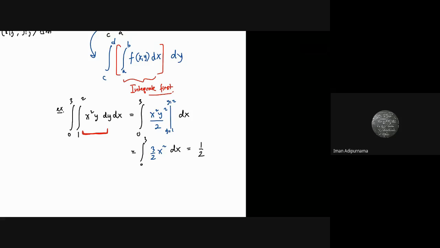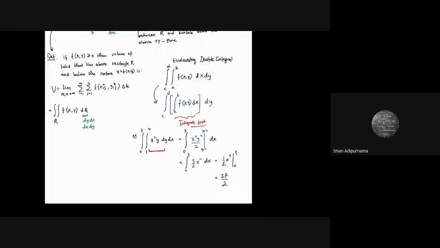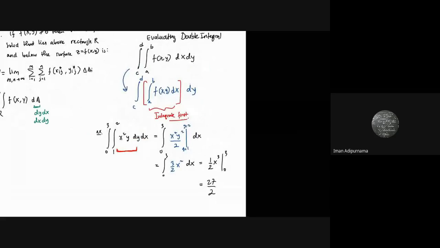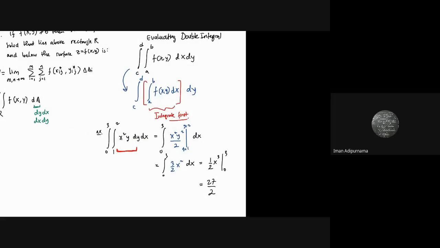It's half x cubed from 0 to 3. And this is 27 over 2. Okay, that's the idea.